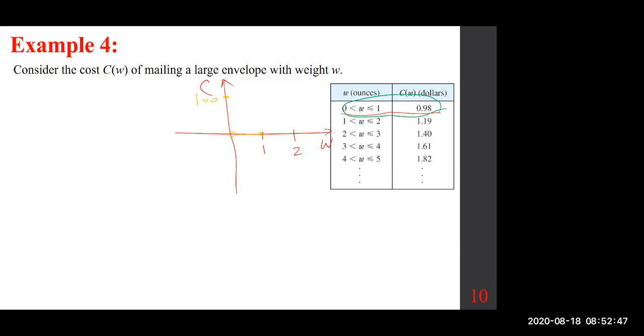It starts from here. By the way, this is now 0.98. And it goes flat all the way to 1. So the graph for that portion is what you see.